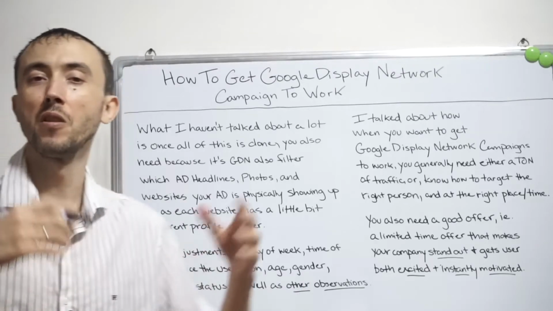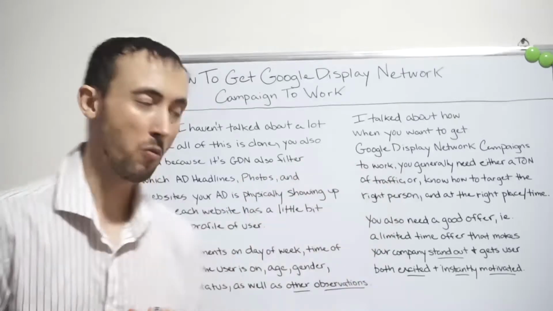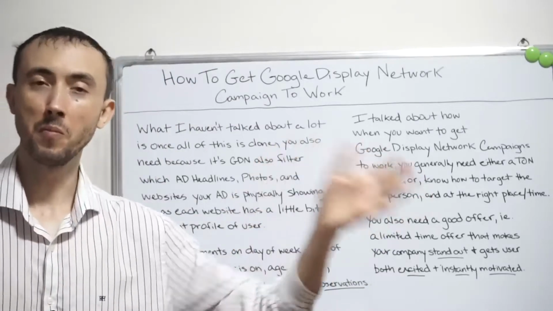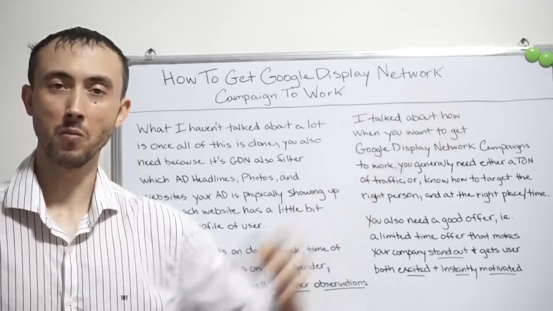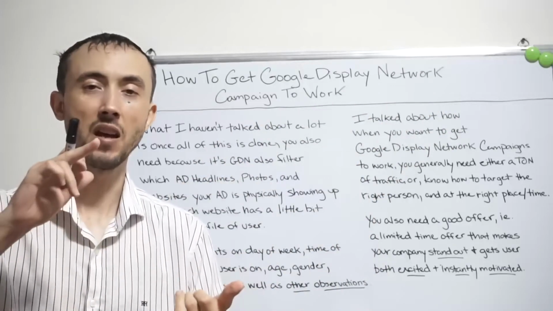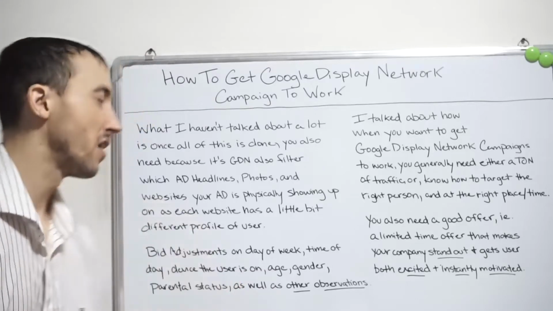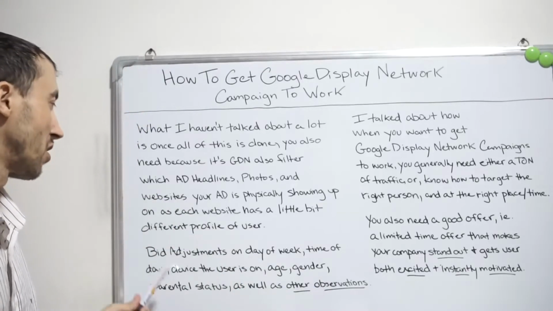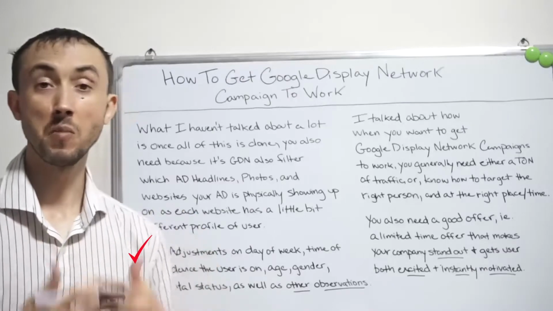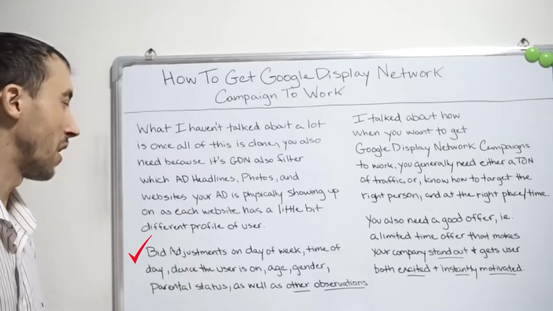If you've only got a third of the results that you want, you can get the other two thirds that you need to be at the profitable point, where you're actually making money after all your ad expense and your product costs, by doing this last step: bid adjustments on the different dimensions of the display campaign.